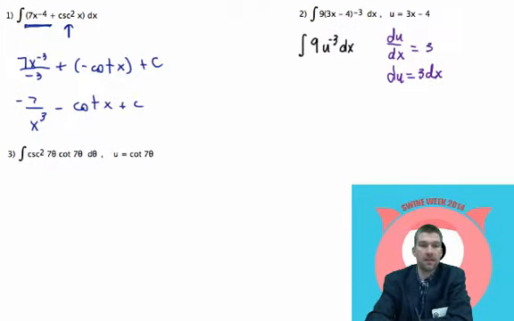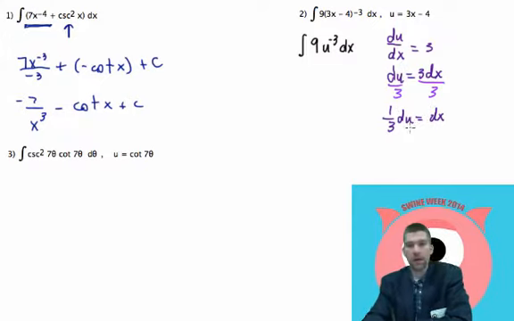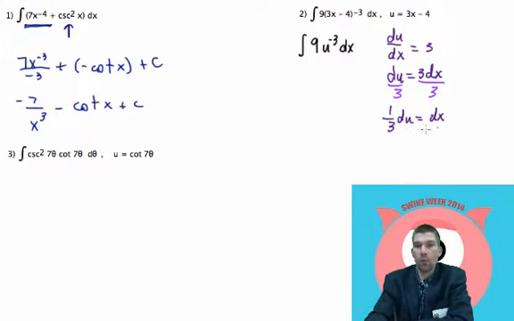So if I can get this dx all by itself, and I'll divide both sides by 3, then what I end up with is 1/3 du equals dx, okay? And so when I have this situation, I've got an equality now where dx is equal to 1/3 du.